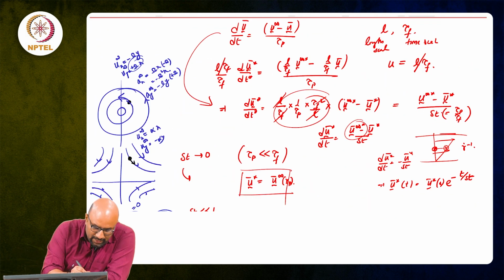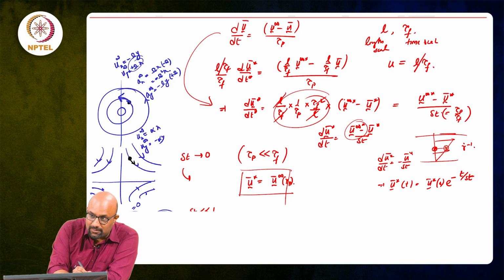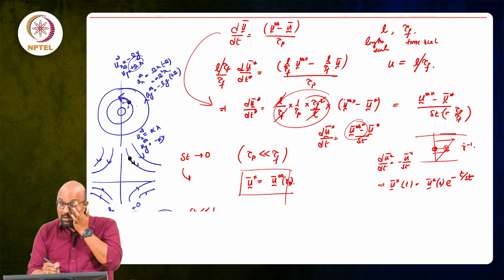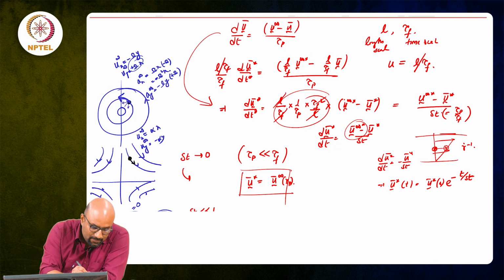So at every point as this guy tries to move, it is experiencing an acceleration which is minus omega square x and minus omega square y. That is the acceleration. So you choose this particular point. This is in the first quadrant. So the direction of the fluid acceleration at this particular point is going to be in which direction? There is a minus, right? So the direction of acceleration is towards the center.